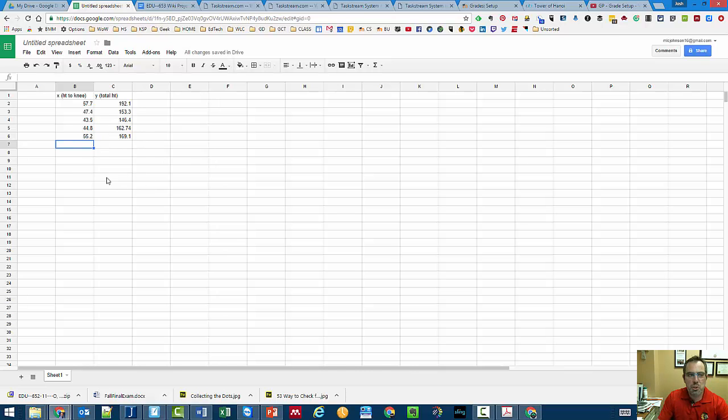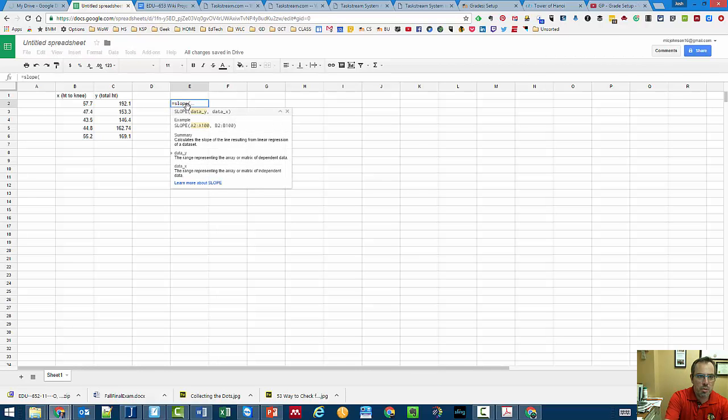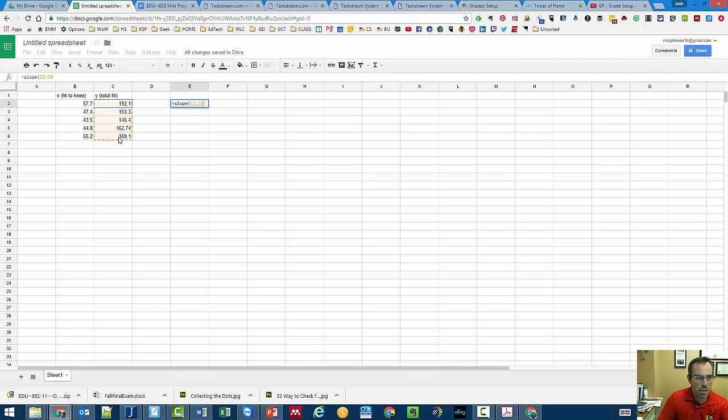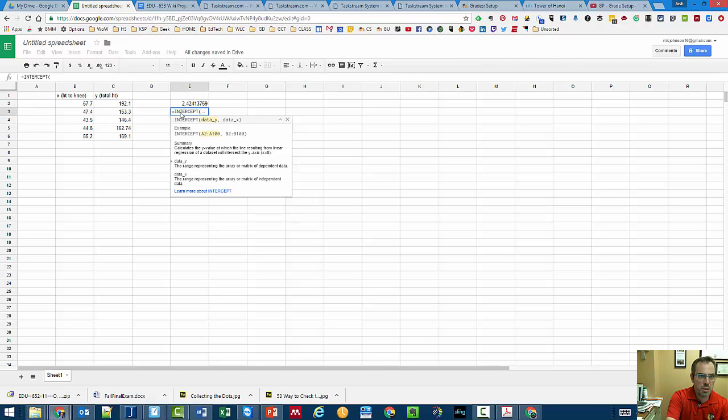There's a couple of ways to do it. I'm going to show you the shortcut for it. They just want the equation. So I need to know the slope of the y data, comma, x data. And I want to know the intercept equals intercept.